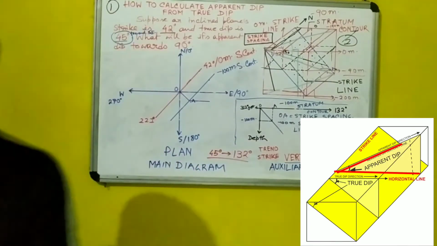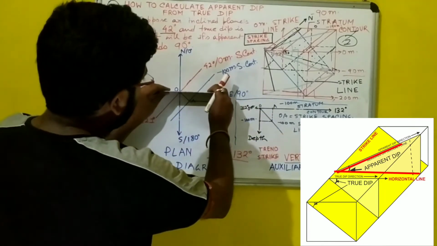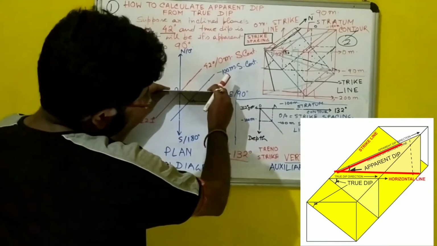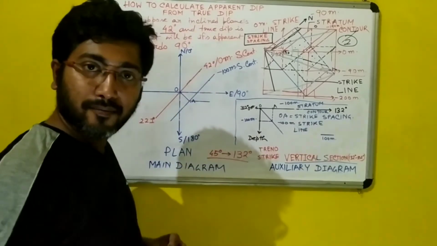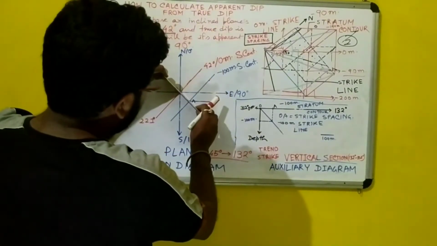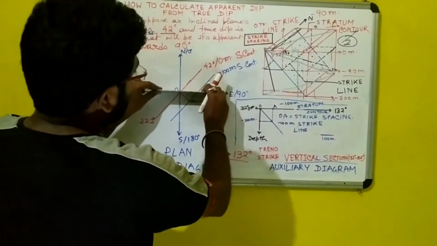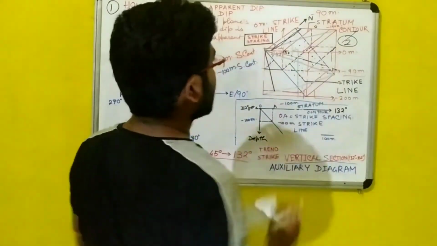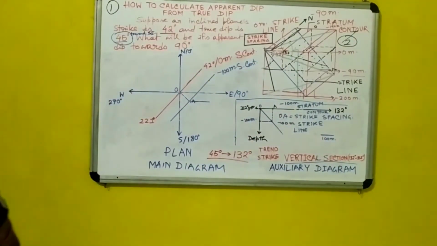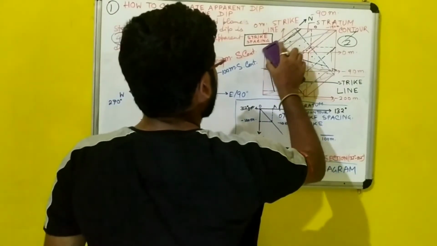So for that, this is the 90-degree line. I have to take this vertical plane. Here we had taken this vertical plane and projected there. Now I have to take this vertical plane and project it here. So I will draw another auxiliary diagram.